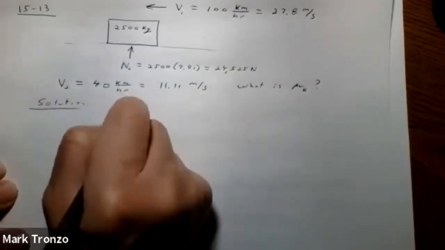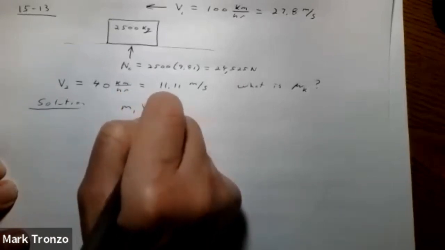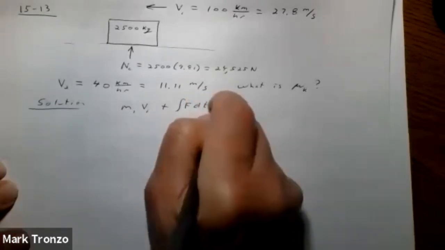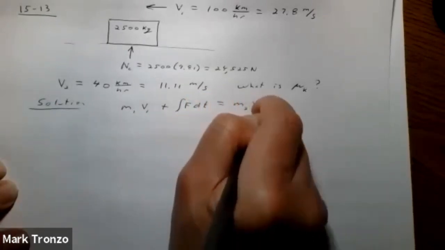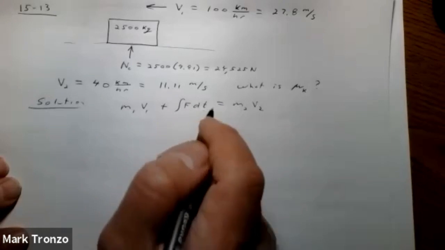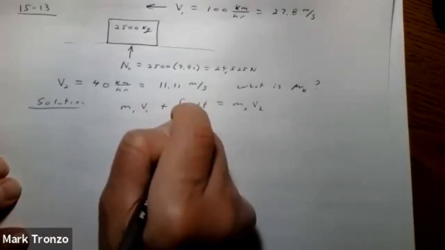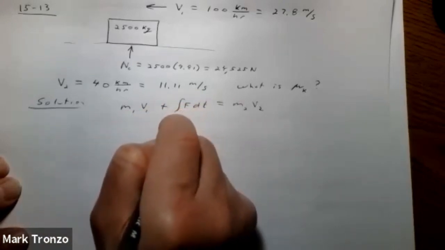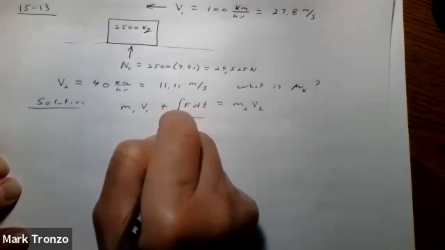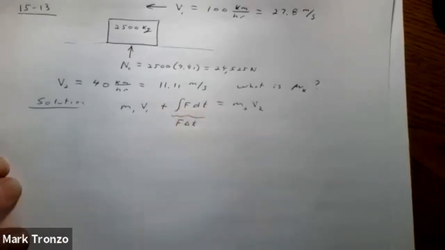So again, all we have to do is use m1 v1 plus the integral of F dt equals m2 v2. And so once again, the force is going to be constant, so we can rewrite this as just F delta t.